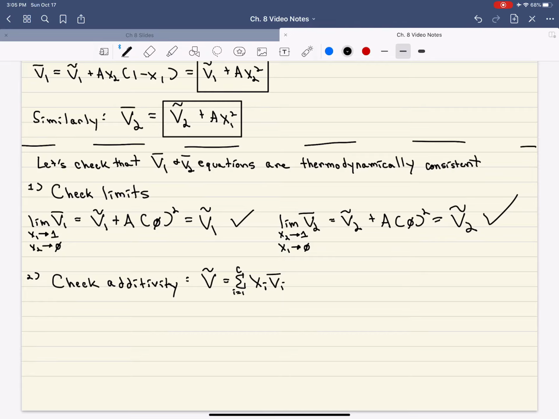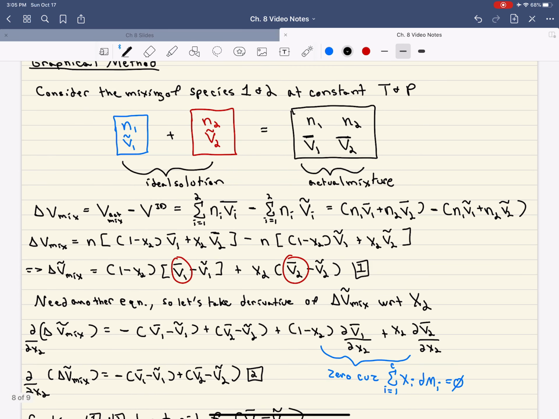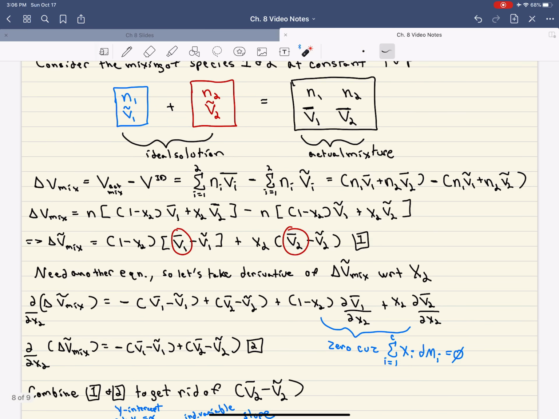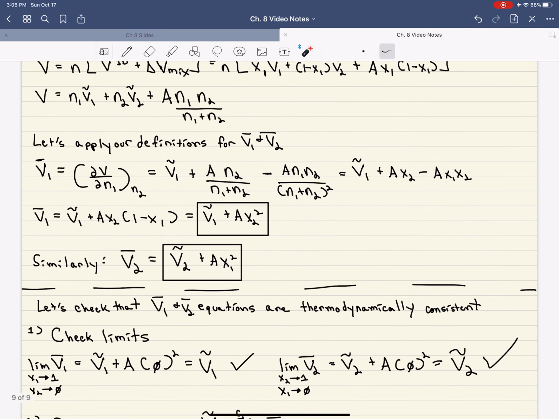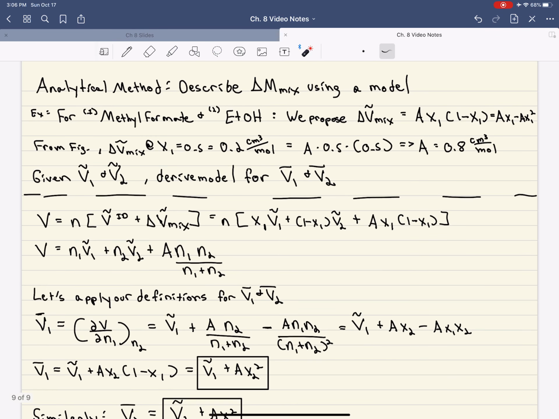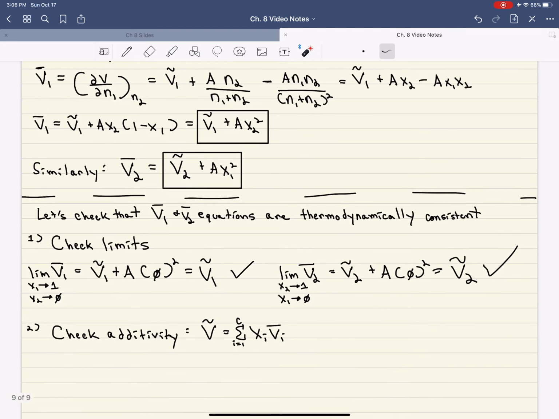If we go back here, if we took this volume and divided it by n, we should expect to get back this equation.